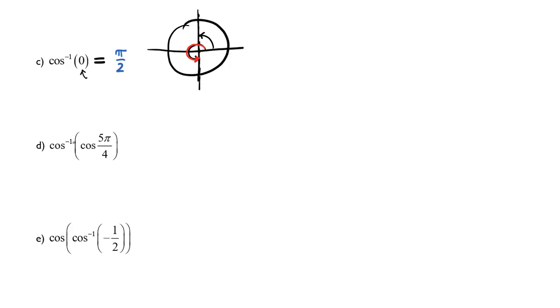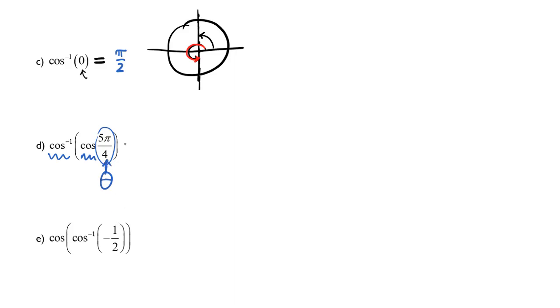Let's take a look at cosine inverse of cosine of 5 pi over 4. If we were to just look at the rules, we would say, oh, well, cos inverse of cos of 5 pi over 4 clearly is just the angle out.